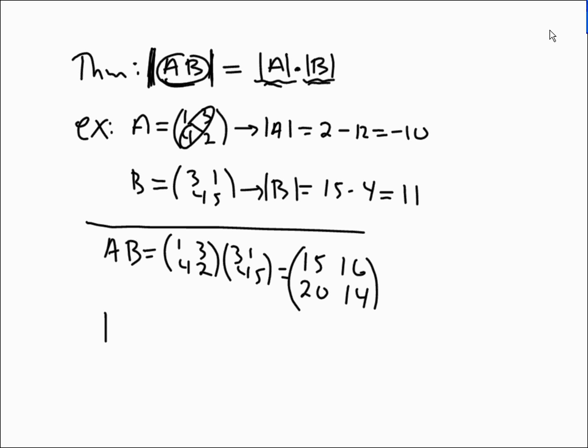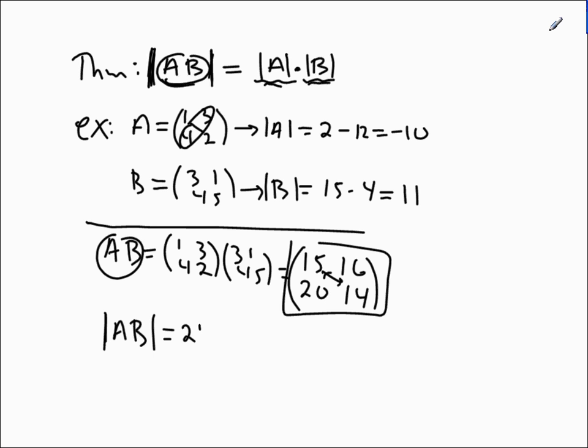Now, the determinant of this matrix, I don't care what they call the matrix. They want to call it AB instead of just A or B or C. I'm not going to panic. After all, it looks just like a matrix normally does. Multiply those two numbers, 14 times 15, 210, minus that product is 320, and this is negative 110.